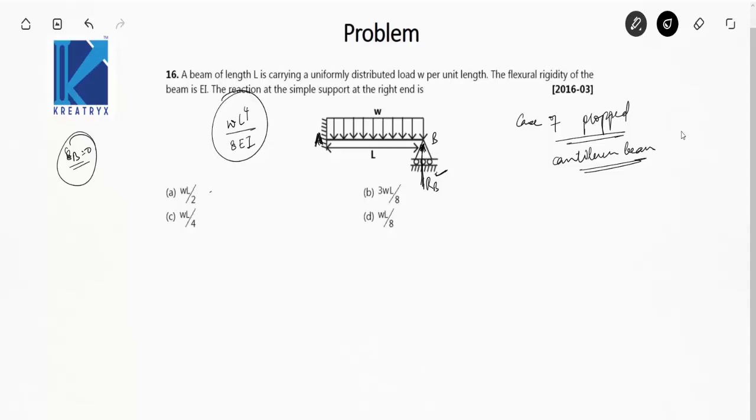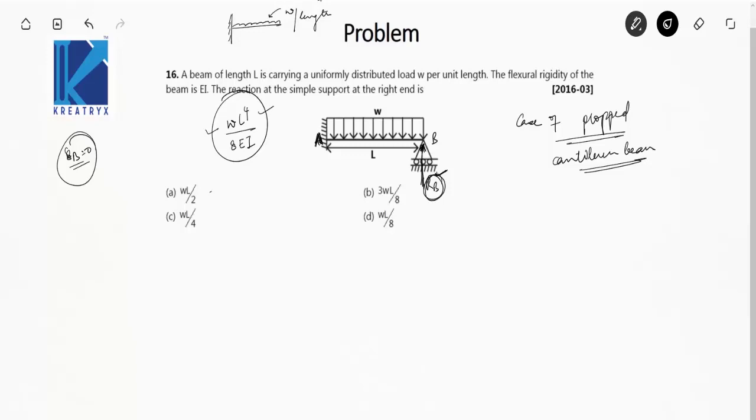This is a standard result that we remember when a cantilever beam is subjected to a uniformly distributed load of W per unit length. If there was no support at B, there would have been no reaction at B, and hence the deflection at point B would have been WL to the power 4 by 8EI. But as there is a reaction at B, this reaction is actually stopping this deflection.